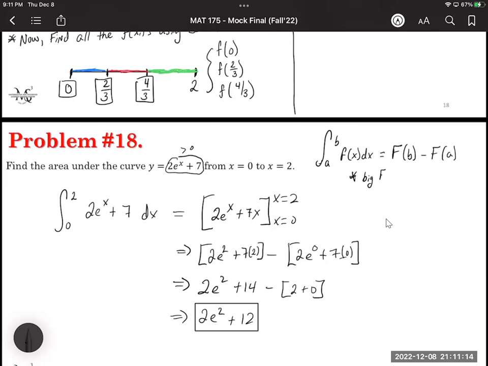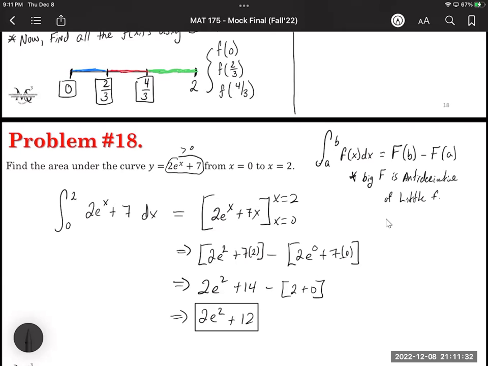Thank you. No problem. Yep, that is the first part of the fundamental theorem of calculus.